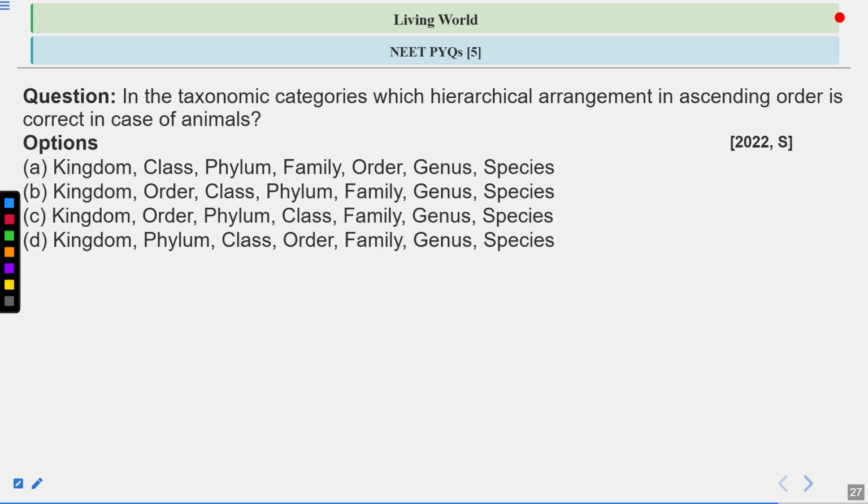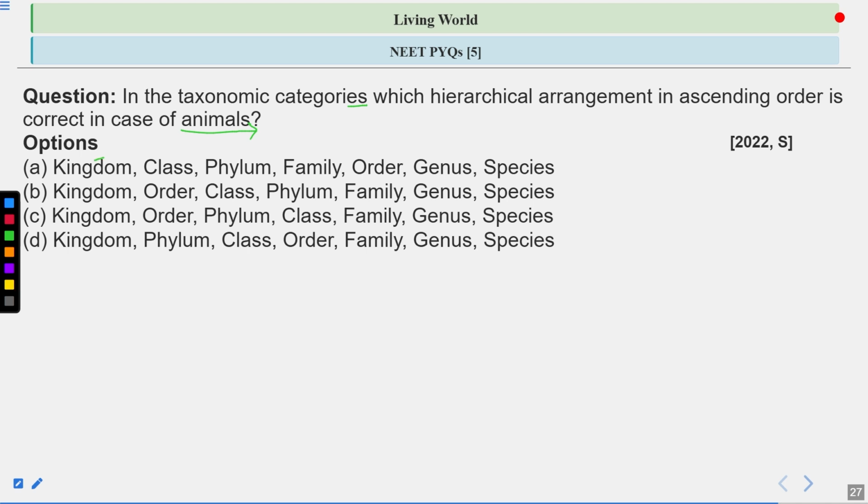Now let's discuss this question on the taxonomic categories. Which hierarchical arrangement in ascending order is correct in the case of animals? They are talking about animals here, not plants, because we use phylum in case of animals and division in case of plants.